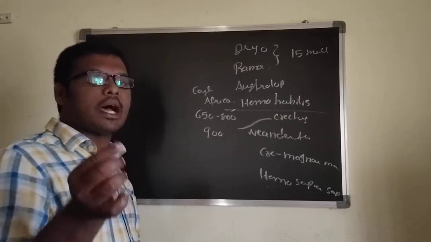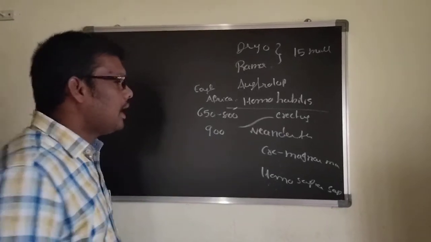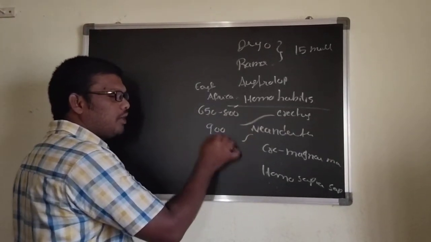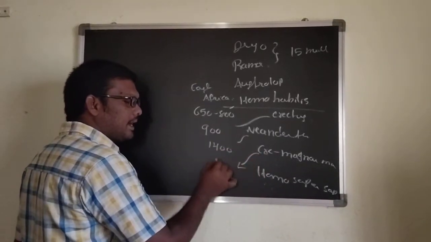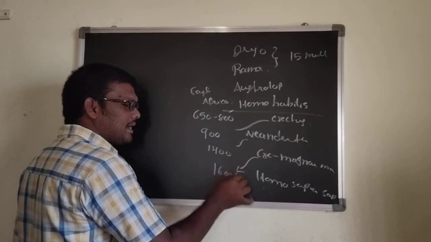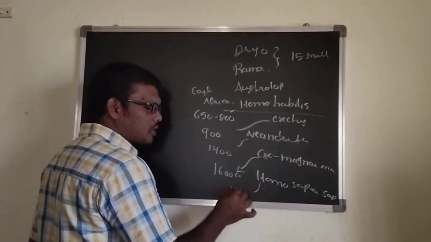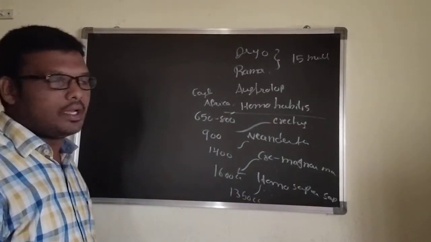Homo erectus is also called fire man, because he first made fire. Then Homo neanderthalensis has a cranial capacity of 1400 cc. Cro-Magnons have 1600 cc. Homo sapiens have approximately 1350 cc.